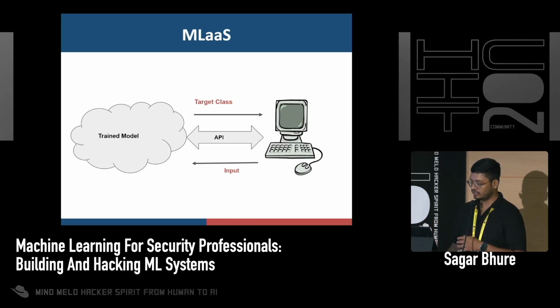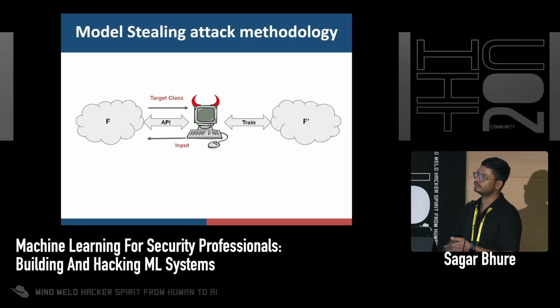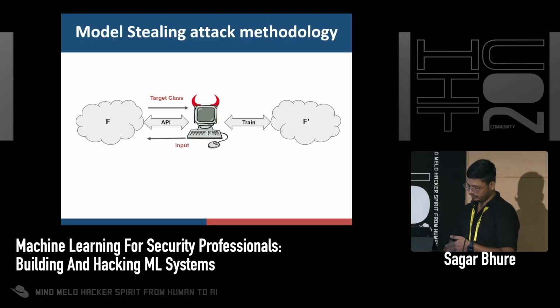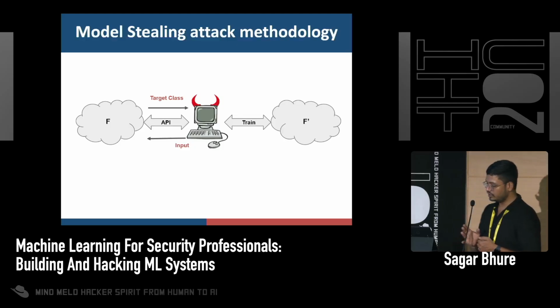This is what a target class for ML as a service does. ML as a service is just hosting a trained model somewhere else, so that the service gets us what it wants. Okay, so this is an attack methodology for the model stealing attack.